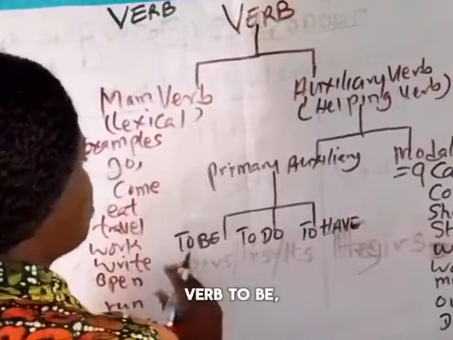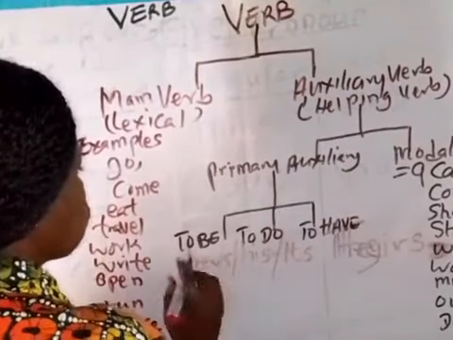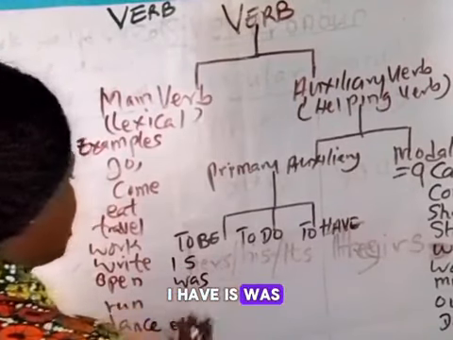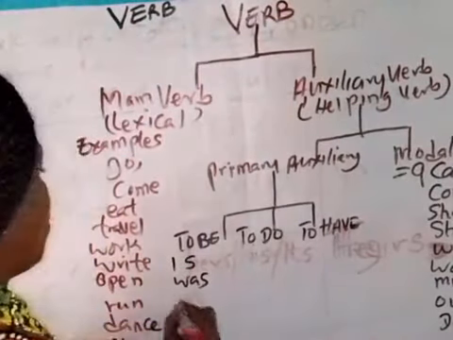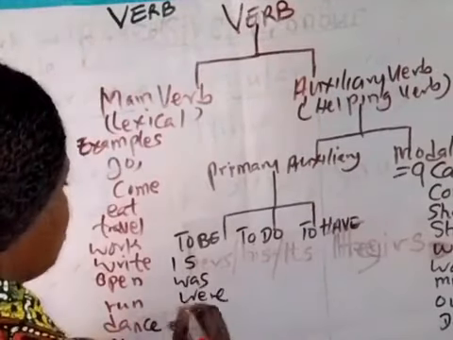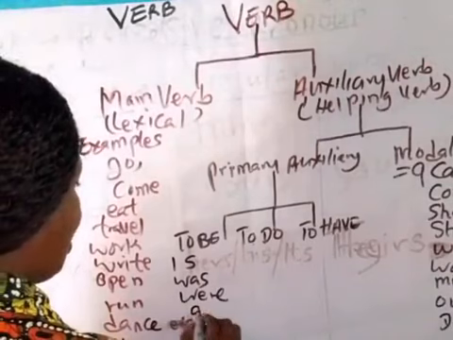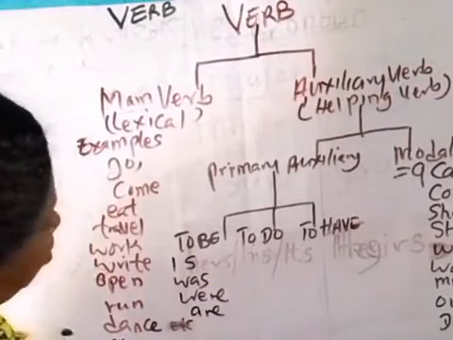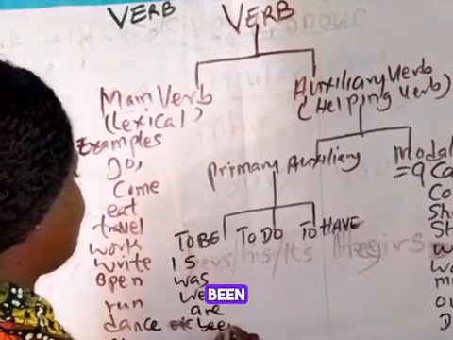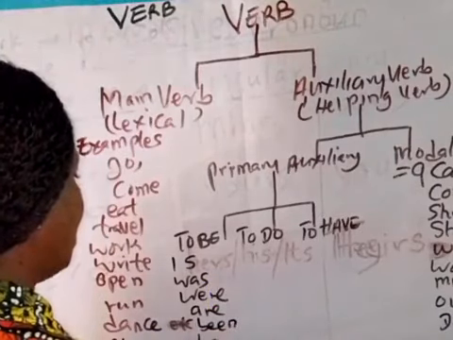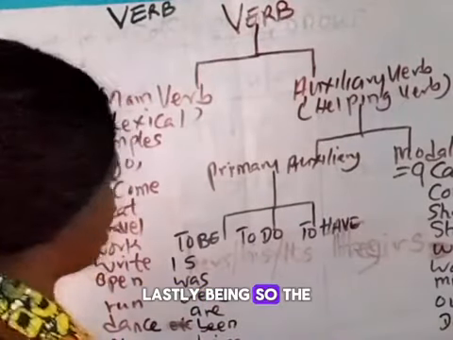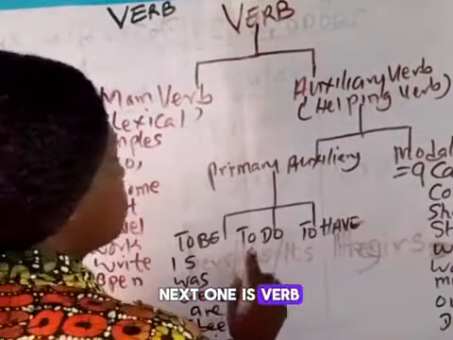Alright, under verb to be, I have is, was, were, are, am, been, and lastly, been.